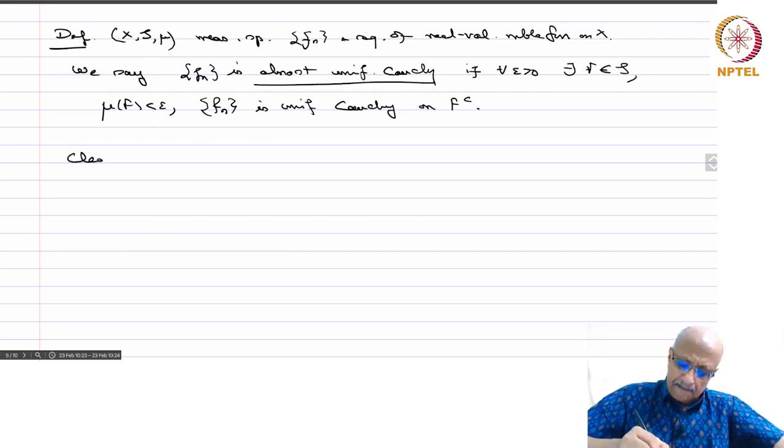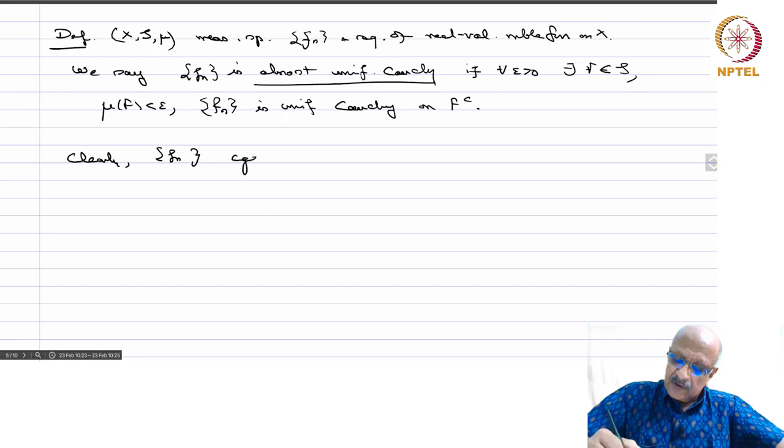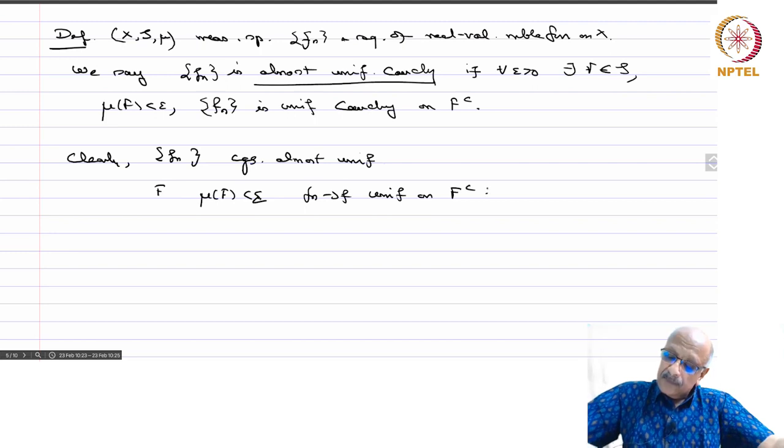So clearly, if f_n converges almost uniformly, then there exists an F such that mu of F is less than epsilon, and f_n converges to f uniformly on F complement.